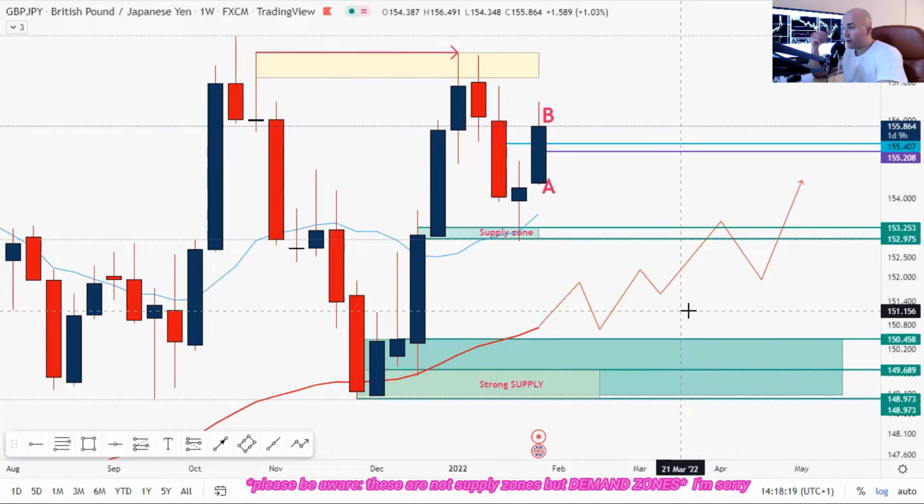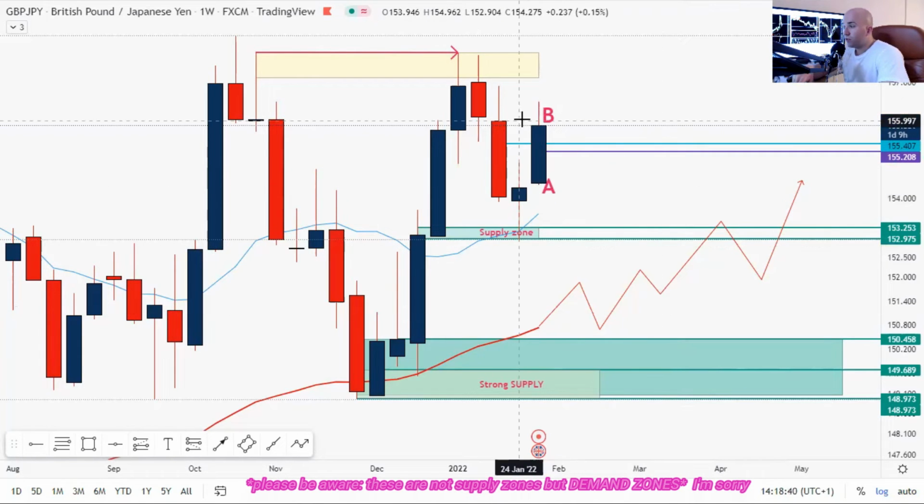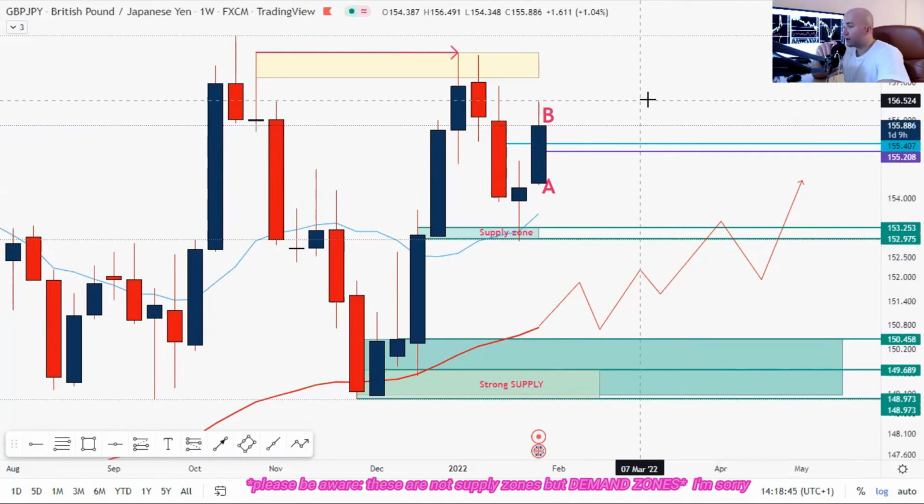We are going up. I'm looking only for buying opportunities because this way I'm going side to side with the big guys, because of course this movement is a result of this huge buying flow of orders.